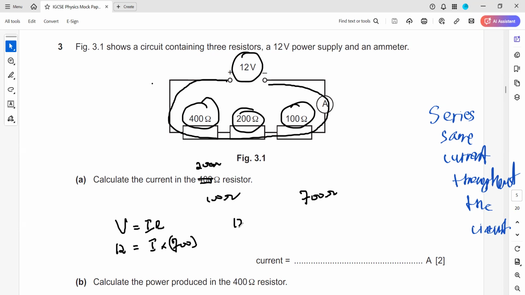So 700 is multiplied on one side, on the other side it will be divided. So 12 divided by 700. What is the answer? So the answer is 0.017 ampere.